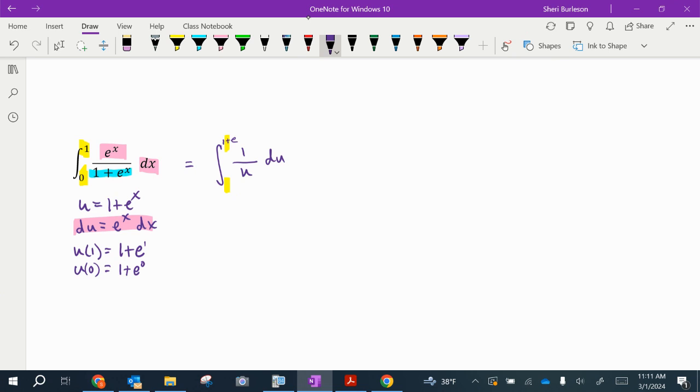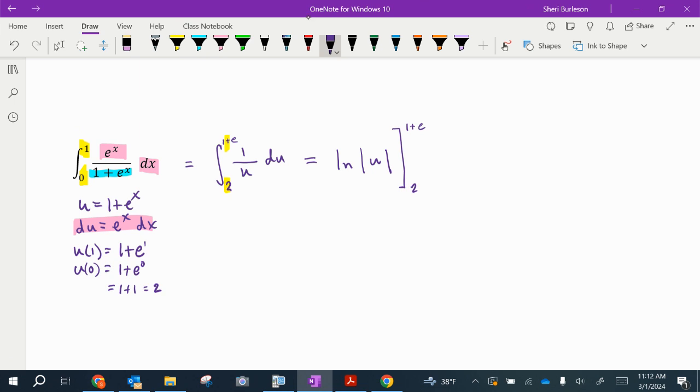And e to the 0 is 1. So 1 plus 1 is 2. So this is 2. So now when I do the integration, 1 over u is the natural log of the absolute value of u, evaluated from 2 to 1 plus e.